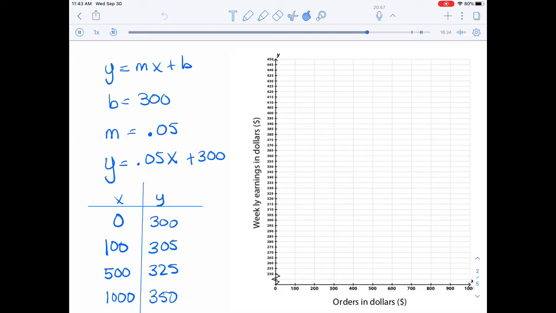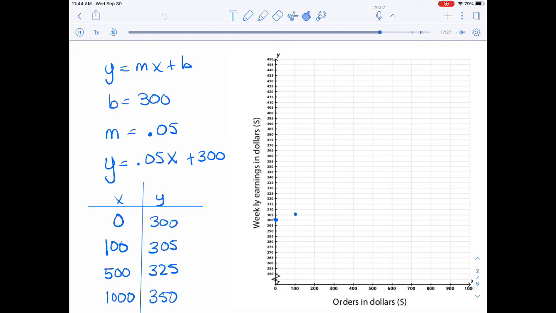Let's go ahead and plot these coordinate pairs, beginning by labeling our graph along the y-axis with the weekly earnings in dollars, and along the x-axis, the orders in dollars. So our y-intercept here would be 0, 300. That is if she does not sell any groceries at all. At 100, we'd have 305.